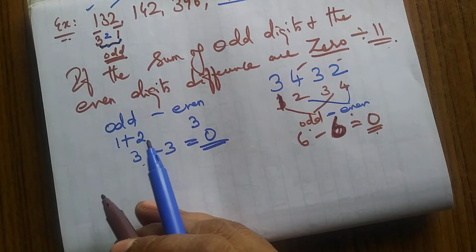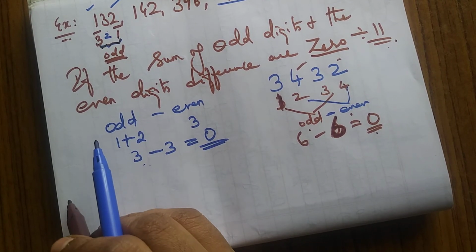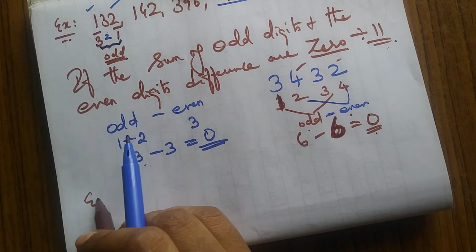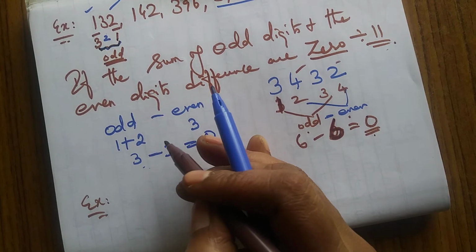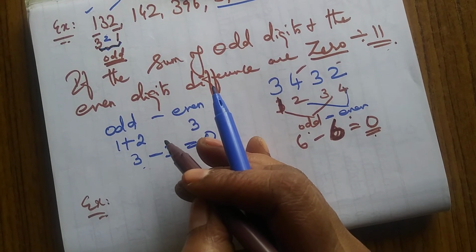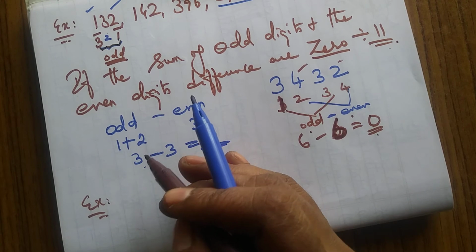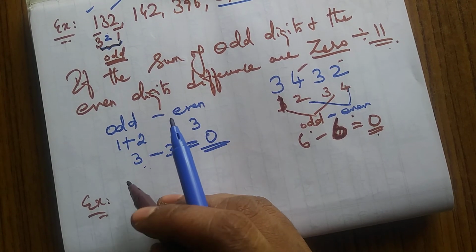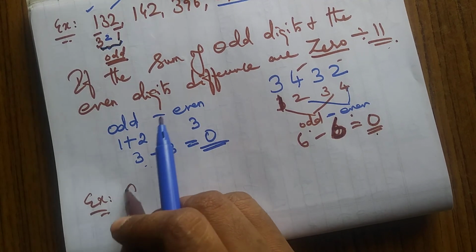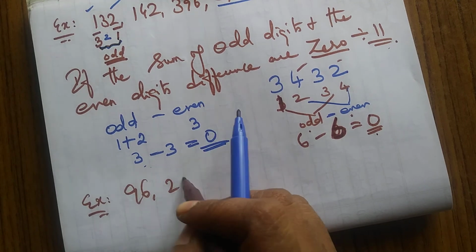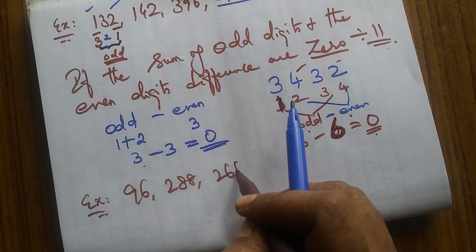And of course, our last rule, 12. How can a given number be said to be divisible by 12 or not without doing the whole division? It's very simple. For example, 96, 288, 264.